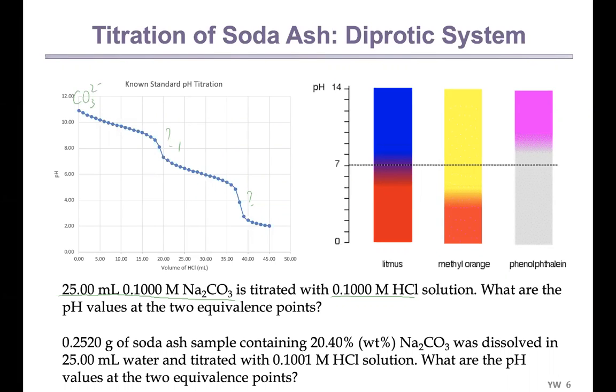That's right. So this one we have HCO3 minus, and this we have H2CO3. Wait, CO3 2 minus? No, it's not. So at the beginning you start with carbonate ion. And then when you add HCl, the first equivalence point is HCO3 minus, and then the second one is H2CO3.